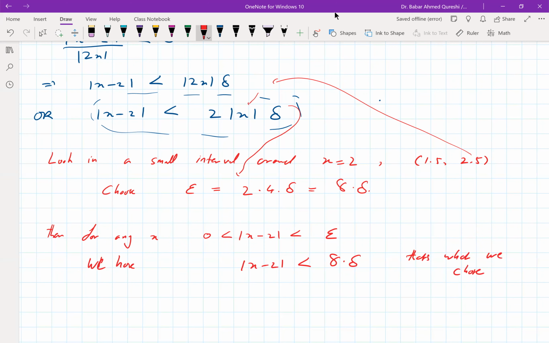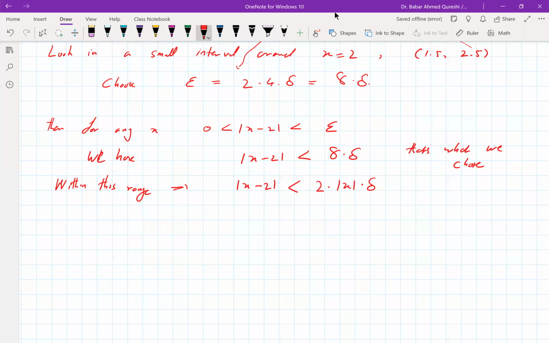Now, this delta within this range implies two x dot delta.